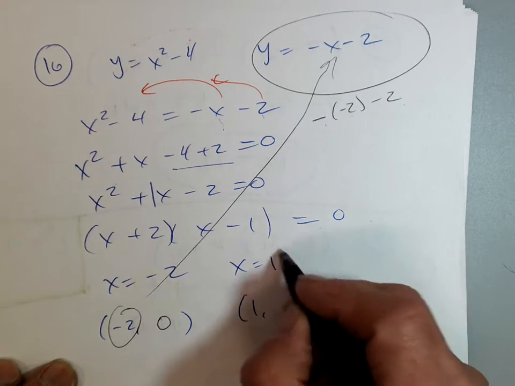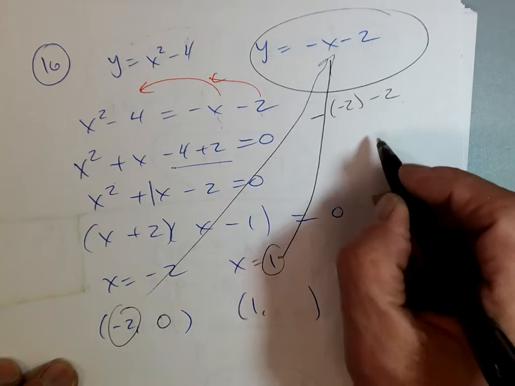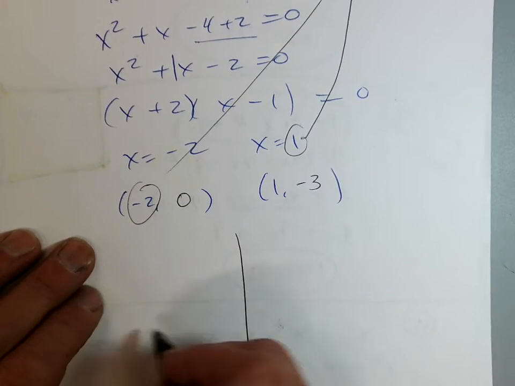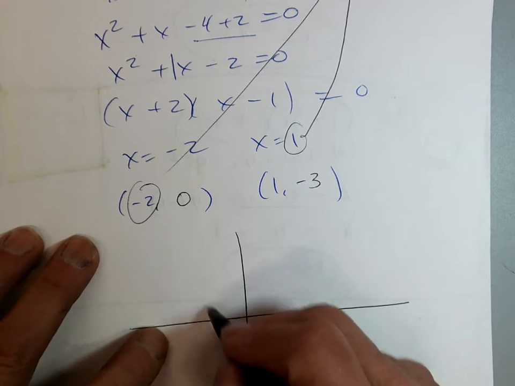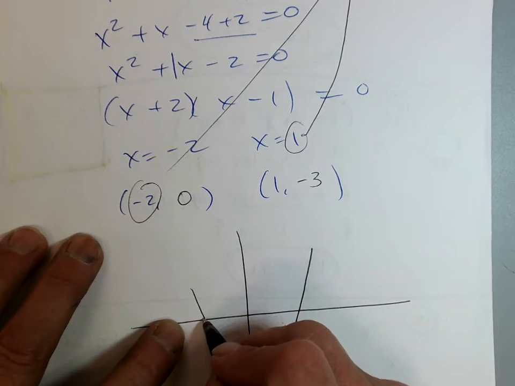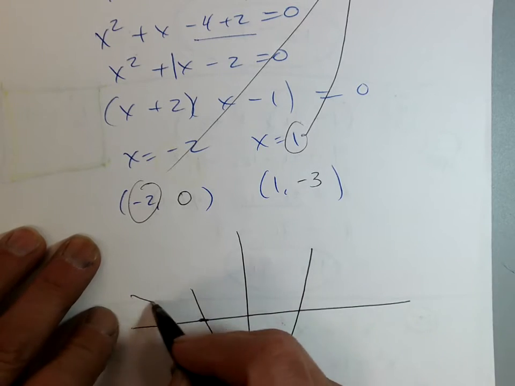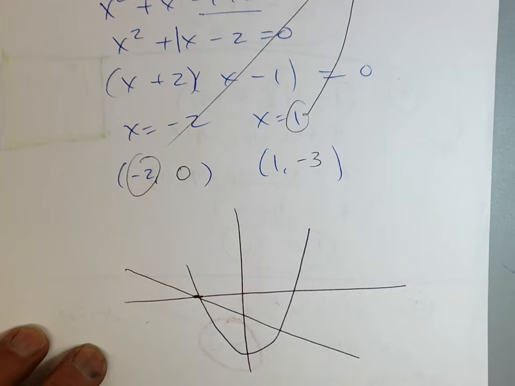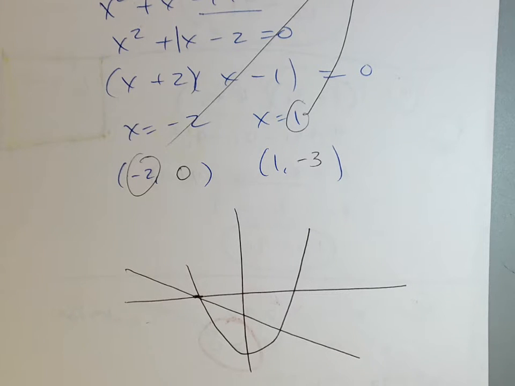And if I plugged in my 1, I'd have negative 3. That's right, because the graph looks something like this. We don't have to be perfect on it, but it really does look something like this, and that's where they would intersect.